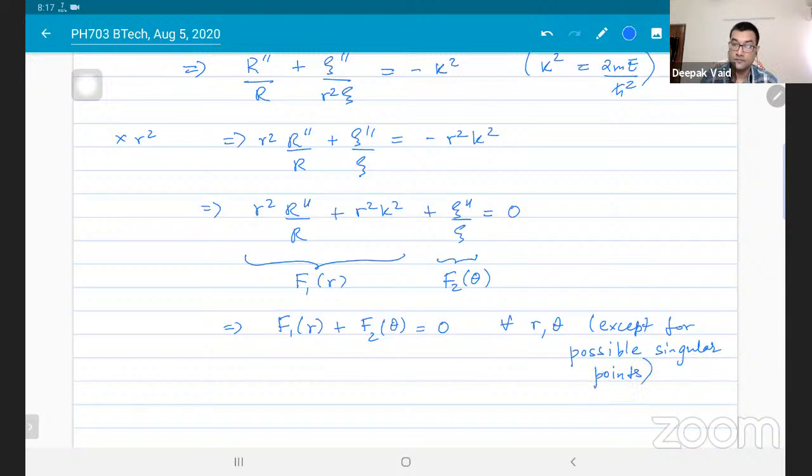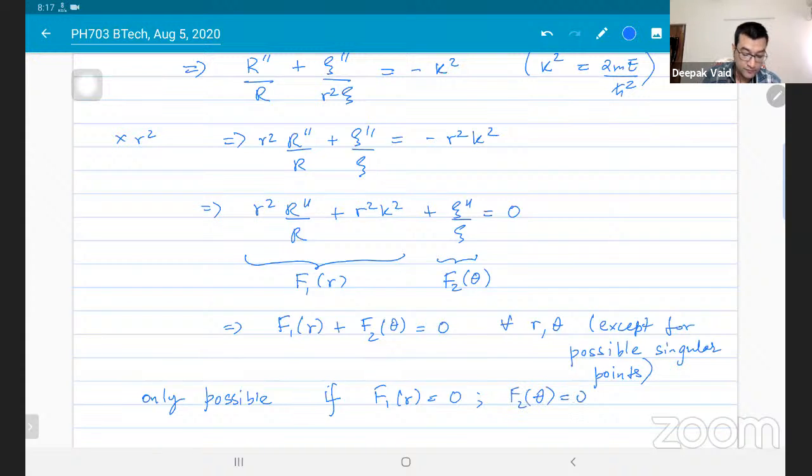Okay. So that is only possible if these two individually are equal to a constant.